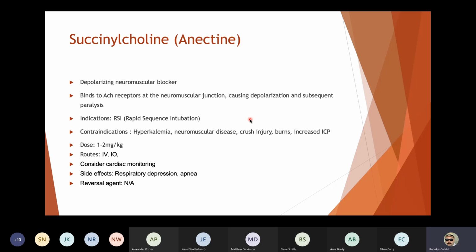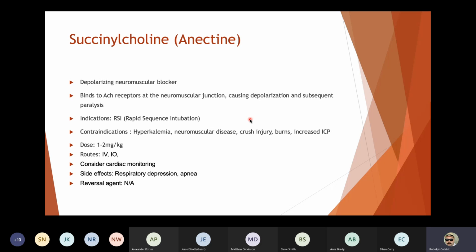It causes their muscles to expend all the energy that it has built up, and then it prevents them from essentially resting and getting that burst of energy again. So it stops their muscles from resetting. Indication for SUX is RSI. Some of our contraindications, this is why SUX isn't used a whole lot anymore. It does have a handful of contraindications: hyperkalemia, so an increased potassium, neuromuscular disease such as muscular dystrophy, and crush injuries.